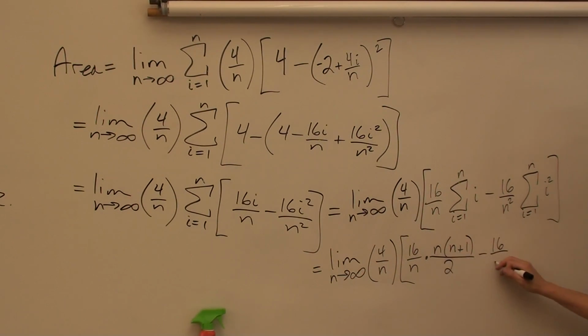Gauss. Very good. Okay. Sum of i squared, anyone remember? It's n times n plus 1 times 2n plus 1 over 6. Oh, that's so beautiful.